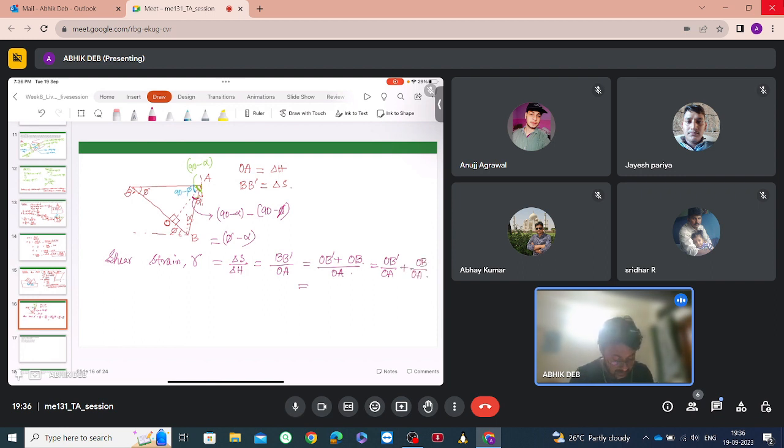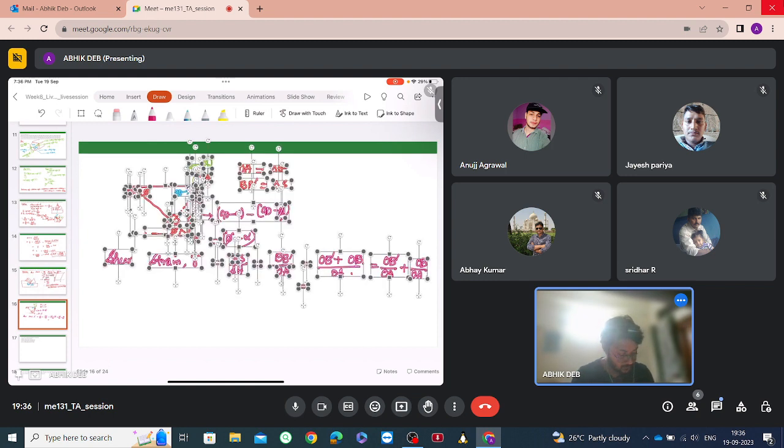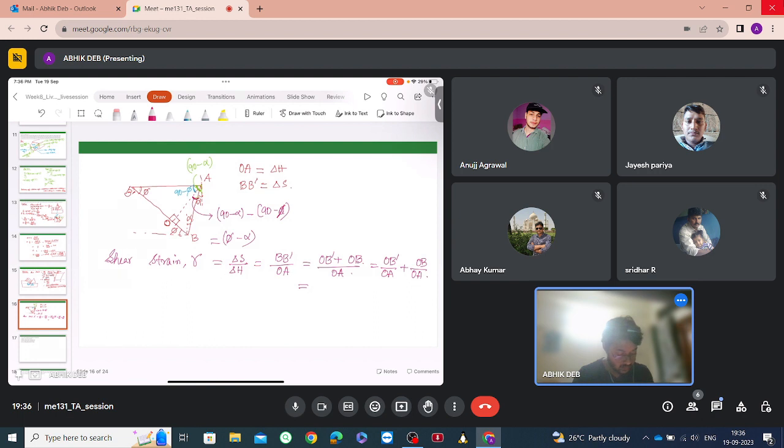Now in this triangle, see OB dash by OA. What is this? What is tan phi? From triangle OAB dash, tan phi is equal to OA by OB dash. Therefore, cot phi is equal to OB dash by OA, right?